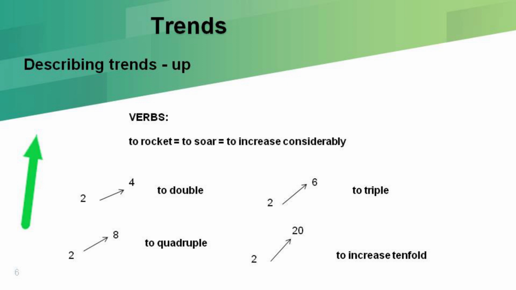To quadruple, when data increased by 4, when it's multiplied by 4. And then if something is multiplied by 10, you can use the following expression: to increase tenfold.